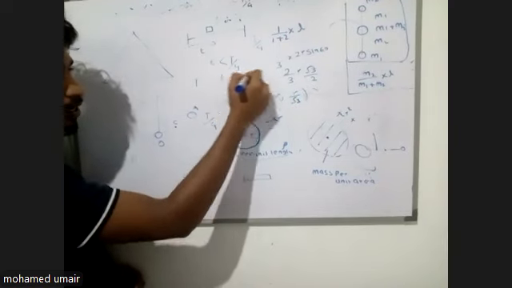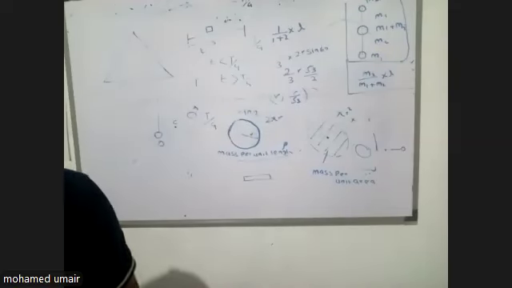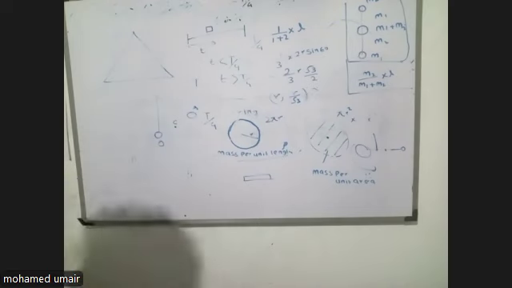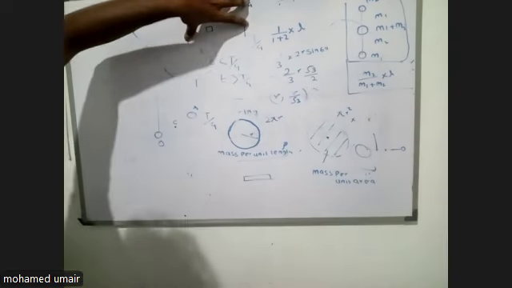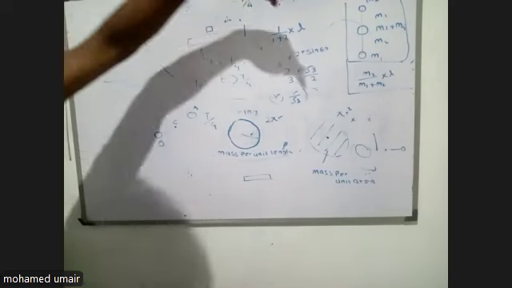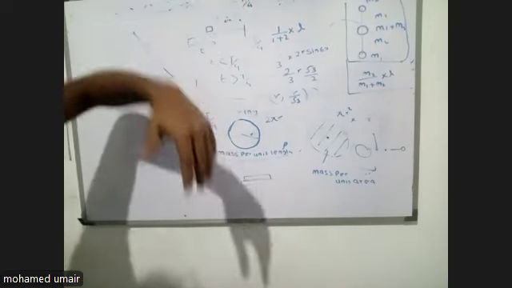Yeah, it would be smaller. So see, the total time taken is T by 4. So it has to be something quite smaller than T by 4.